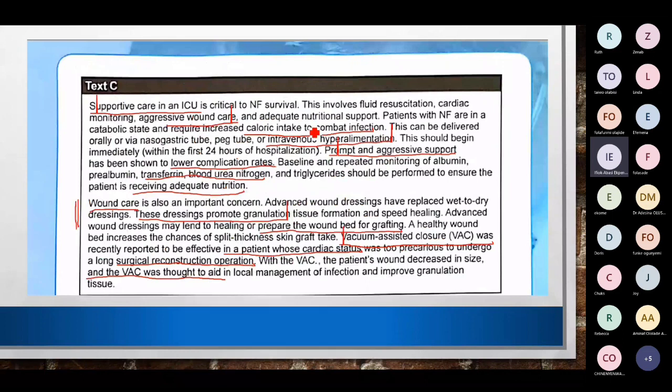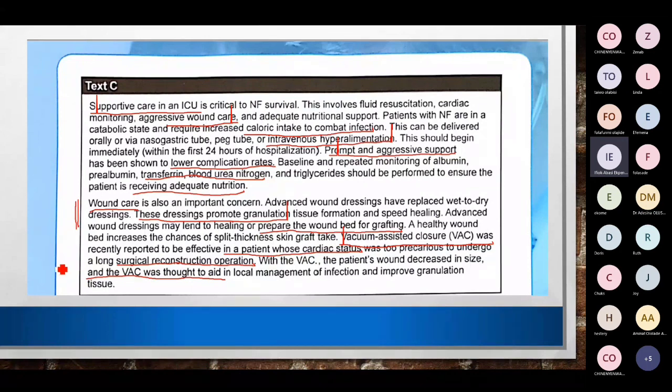Wound care, underline here, vacuum assisted closure. It was recently reported to be effective in a patient whose cardiac status was too precarious to undergo a long surgical reconstruction operation, right? So the answer is what? Vacuum assisted closure.